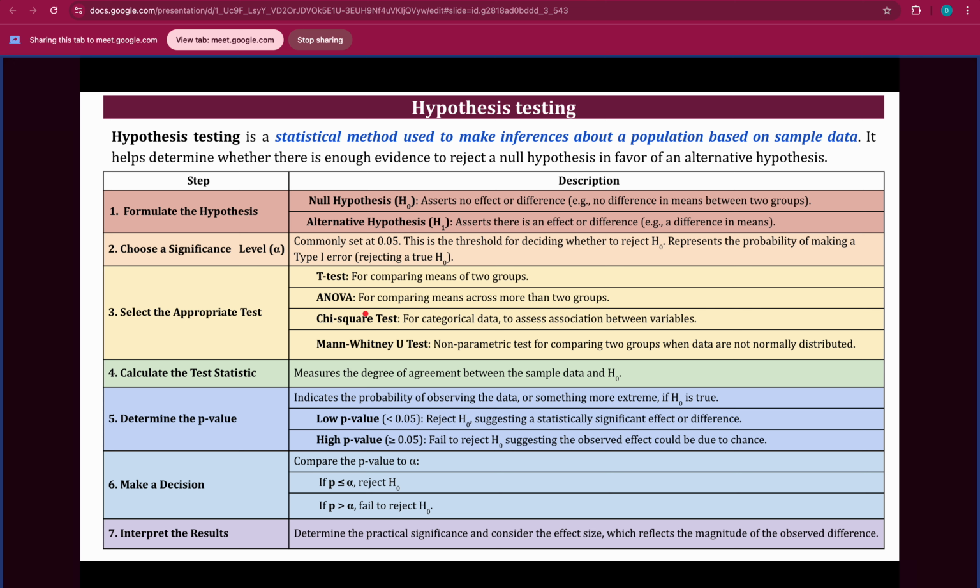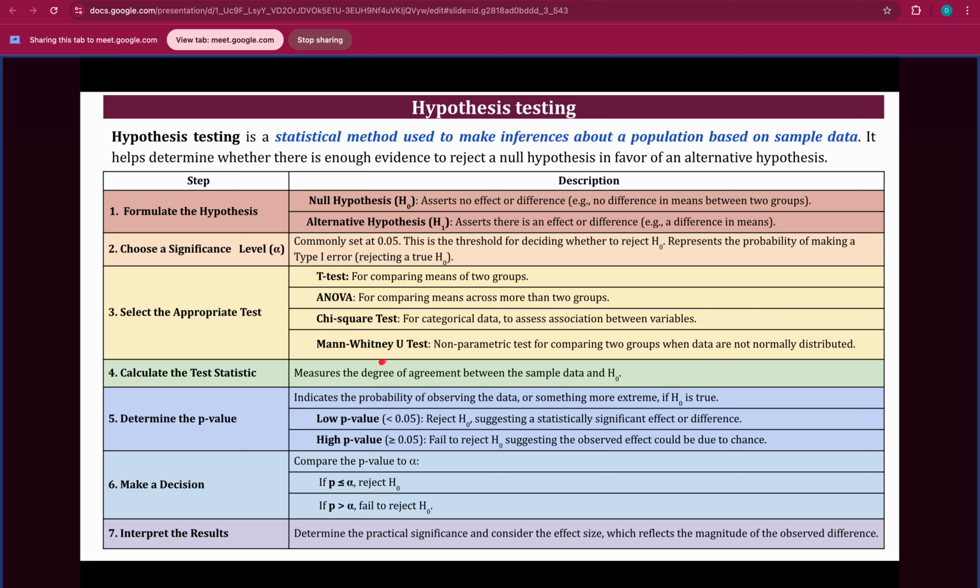When you have categorical data and you want to assess associations, you go for the chi-square test. Whereas the Mann-Whitney test is a non-parametric test. When your distribution is not normal, you can go for the Mann-Whitney U test to compare two groups and see whether there is a difference or not.